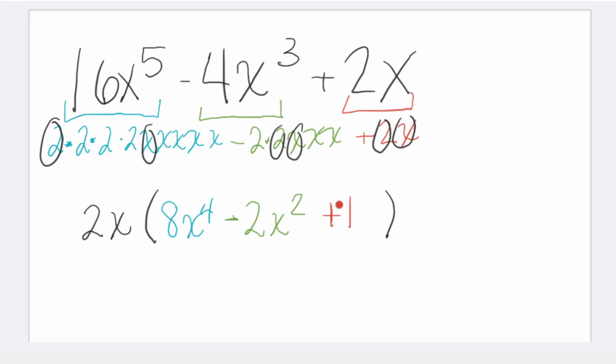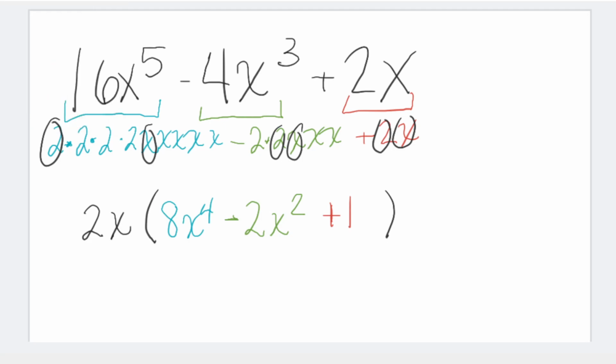Now, if you have a negative in front of your leading term, it is common to factor that negative out as your GCF. So the way that would look, for example, I changed to yellow.